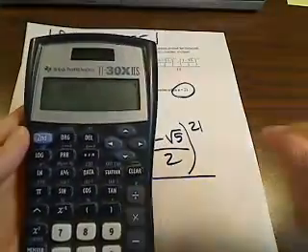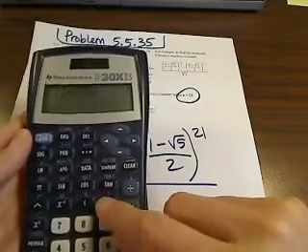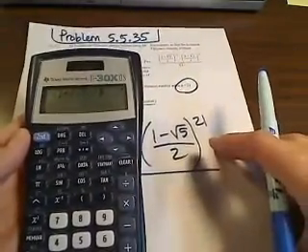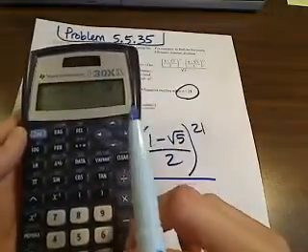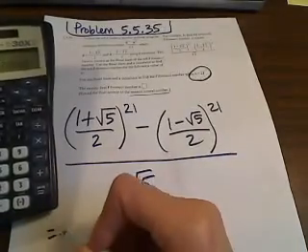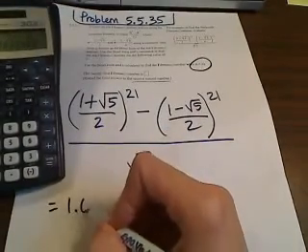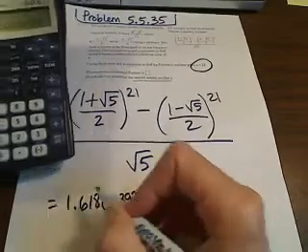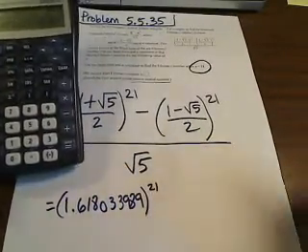So 1 plus the square root of 5, and then I'm going to end my 1 plus square root of 5 with parentheses. And then I'm going to divide by 2. Now I'm just going to get a number for that. That's phi. So that is 1.618033989.